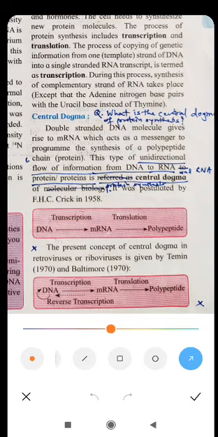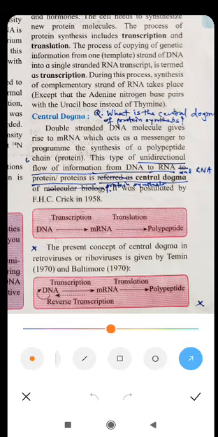It means the process is reverse. The usual direction is DNA to mRNA, mRNA to polypeptide, but this is the reverse direction. In certain viruses, mRNA produces DNA, and this is called reverse transcription. This is the exceptional thing to note here.